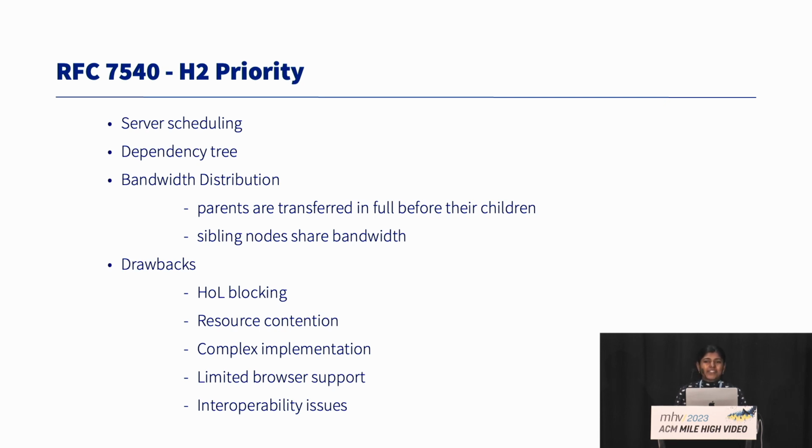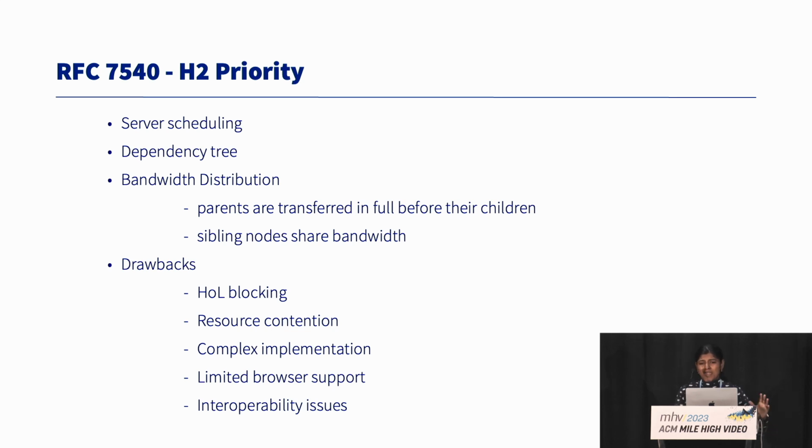The implementation is very complex because of the dependency tree being restructured, and it also has limited browser support. Safari and older versions of Internet Explorer do not support this, which has also led to interoperability issues, as proxies and load balancers might not be aware of this HTTP/2 prioritization scheme.